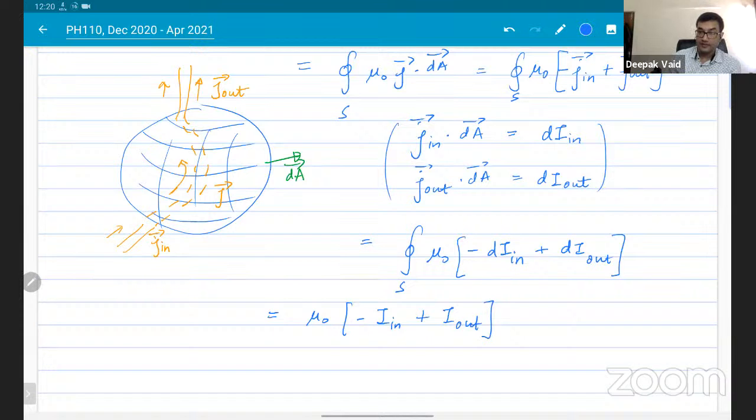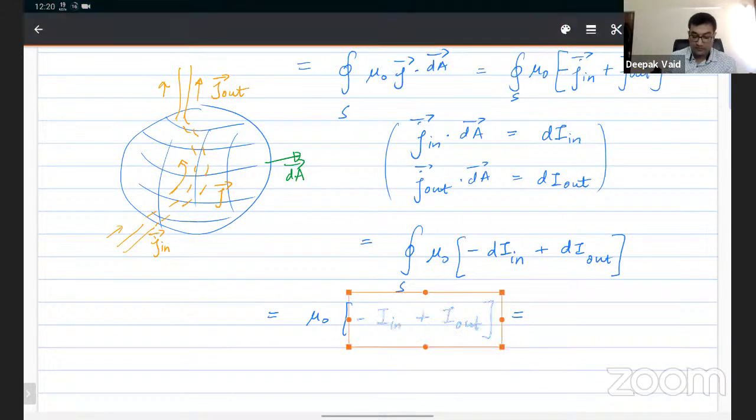What is this going to be equal to? I enclosed. I have some closed surface, some wires carrying current that take some current into the surface and some current comes out of the surface. What is this going to be equal to?